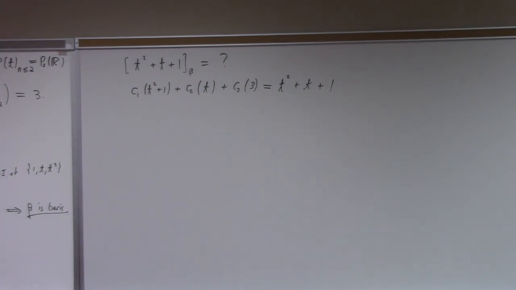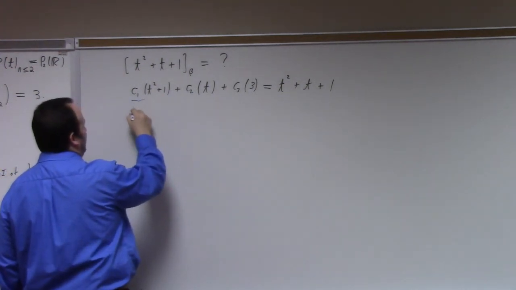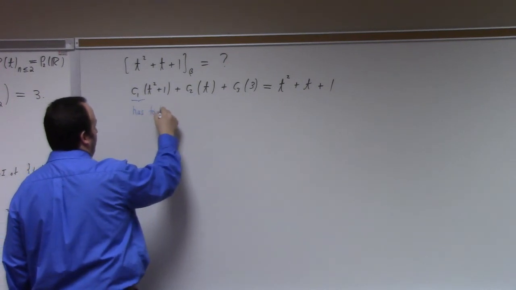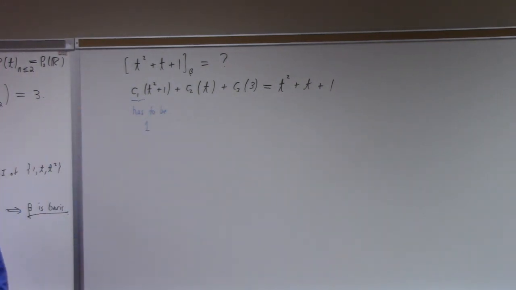Maybe I can see it, I don't know. Process of elimination, right? Yeah, I think this has to be 1. That's not up for grabs. In order to create a t squared, we must use 1 copy of the first vector. So once you use that 1 copy, what's left?